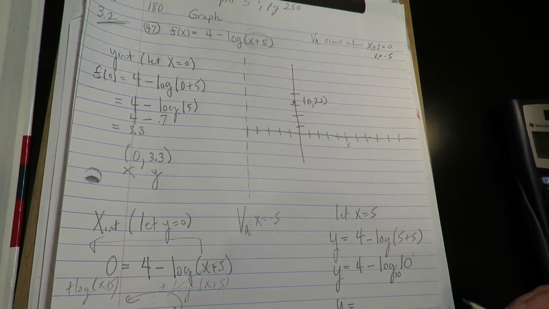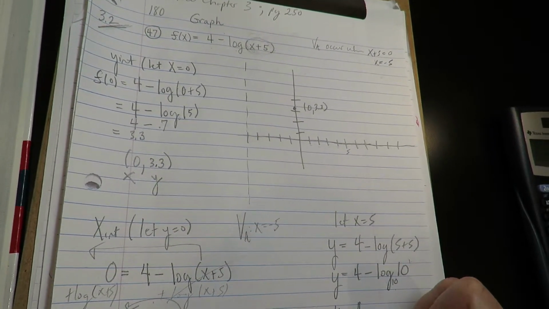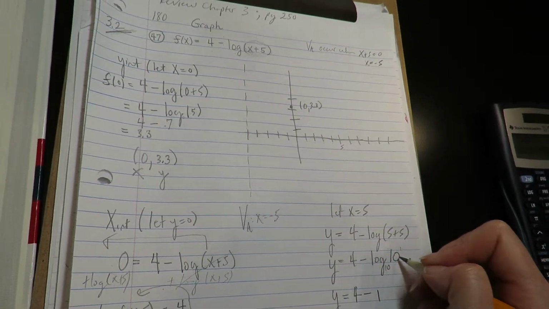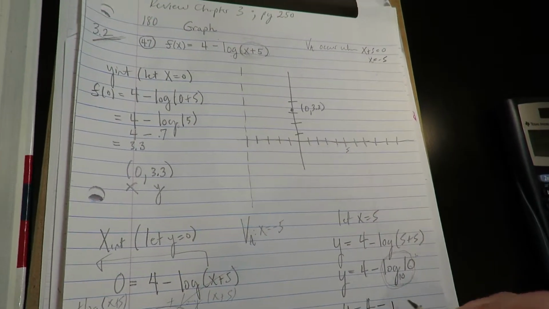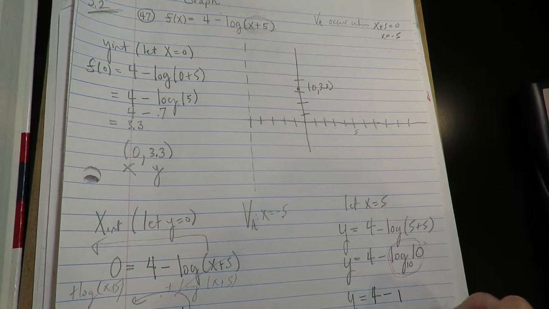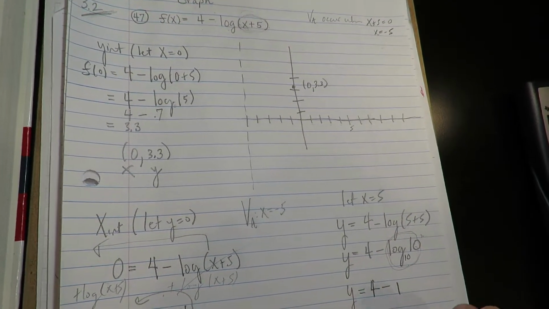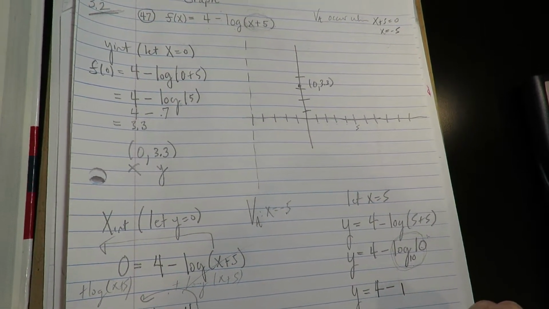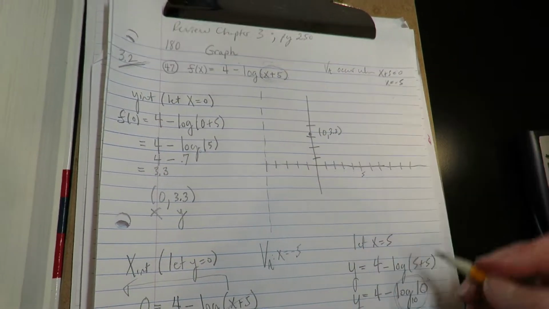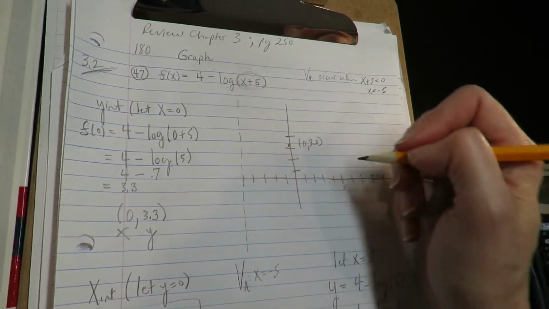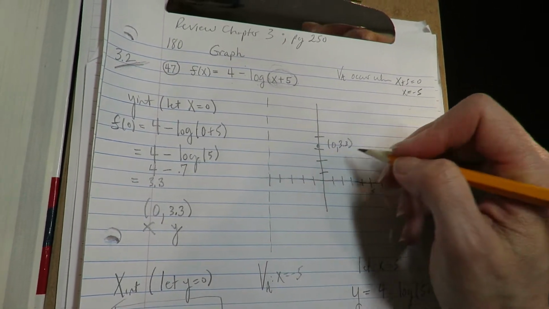So this is going to end up being 4 minus 1, because log base 10 of 10 is 1. And then this is going to end up being 3. So we know when x is 5, y is 3. So anything base 10 would be a really good one to do.